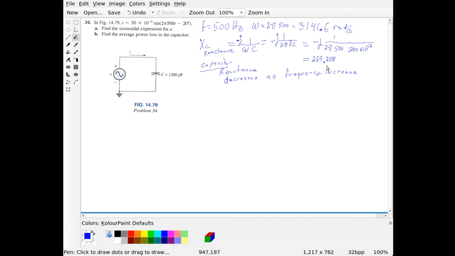I'm just going to go ahead and write 6 digits for right now. 265.258 ohms, right, with an angle of minus 90 degrees. So this would be the polar form of the impedance.